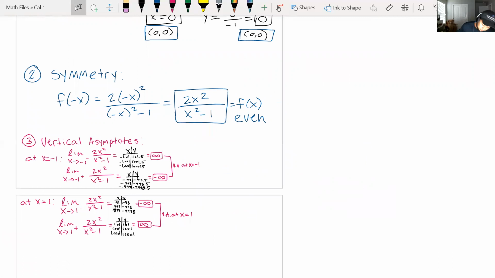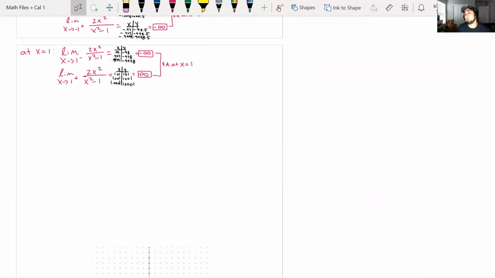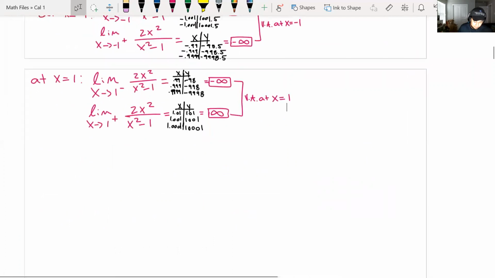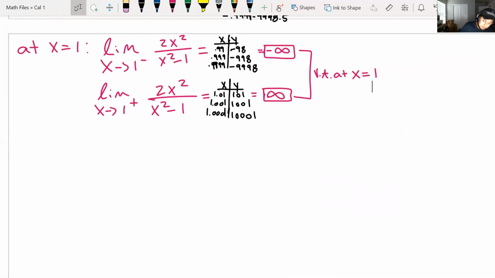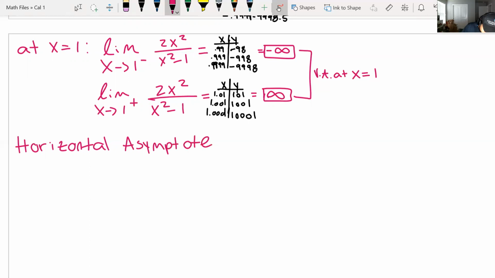Perfect. Well, that was just a vertical asymptote. We still have to find the horizontal asymptote. And I'm running out of room. It's okay. So, next is the horizontal asymptote.